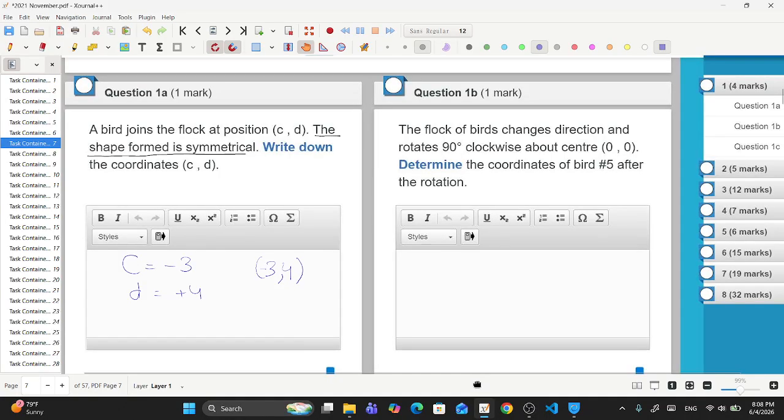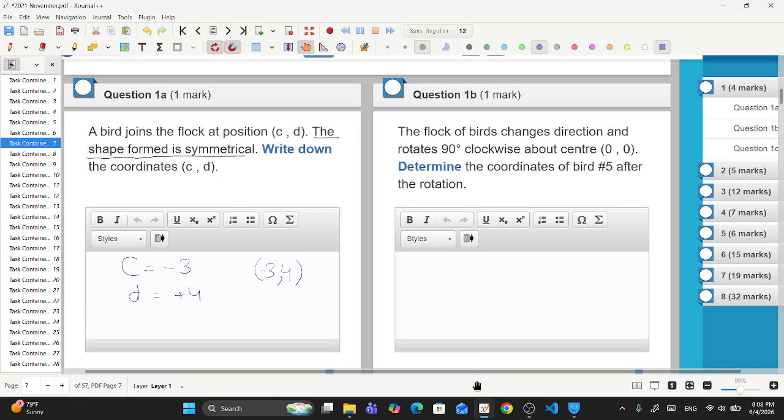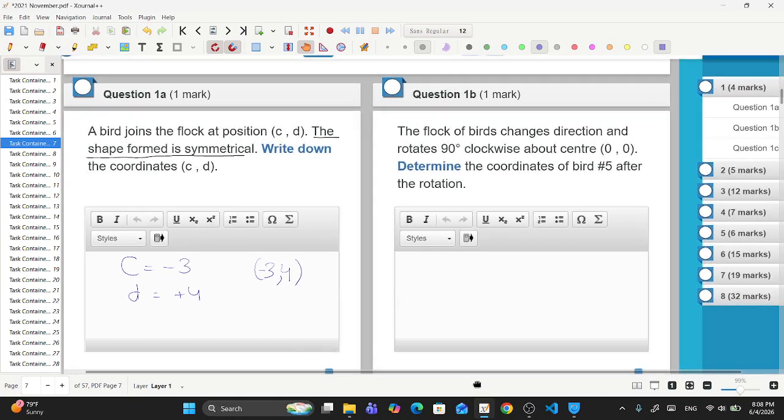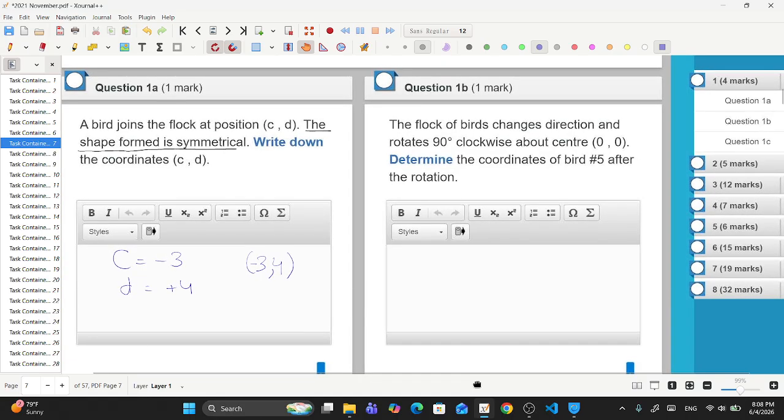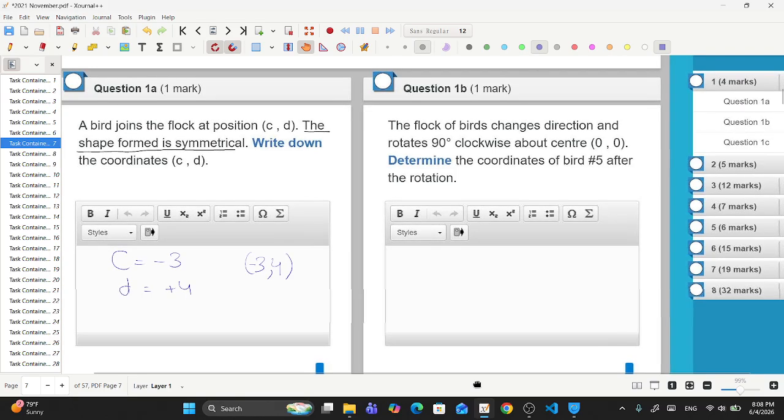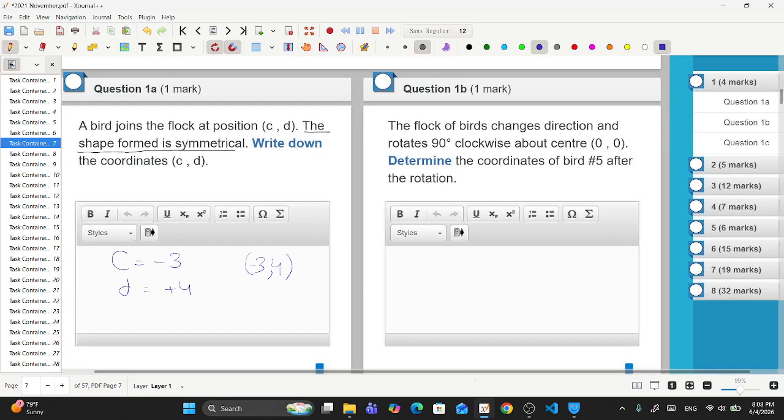Then it says the flock of birds changes direction and rotates 90 degrees about the center. The center is (0, 0), but it doesn't matter right now because there is a rotation and the rotation angle is 90 degrees.